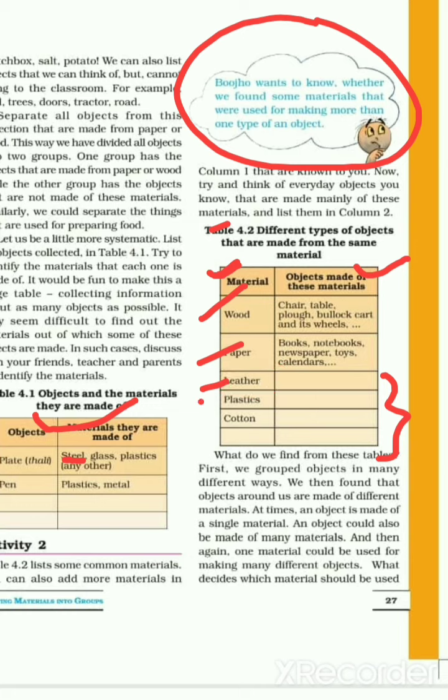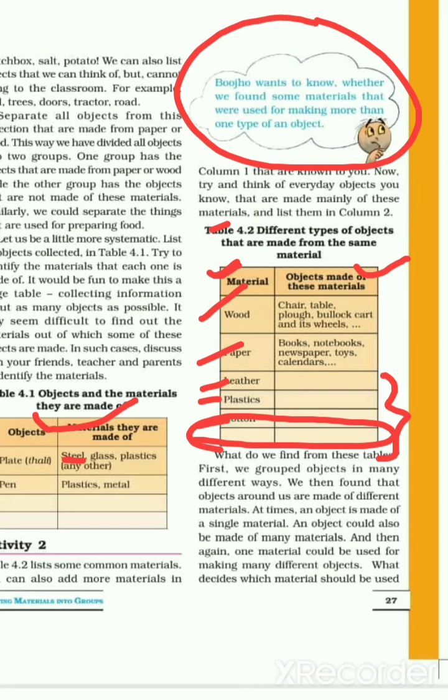The next example is plastic. Everyone knows that with the help of plastic, bucket, tumbler, compass box, pen, footwear, dustbin, box, toys, these many things we can make. The next example is cotton. With the help of cotton fabric we make sari, shirt, jeans, mattress, rope, thread, handkerchief, bedsheet, etc. In this last row you can write your own material.